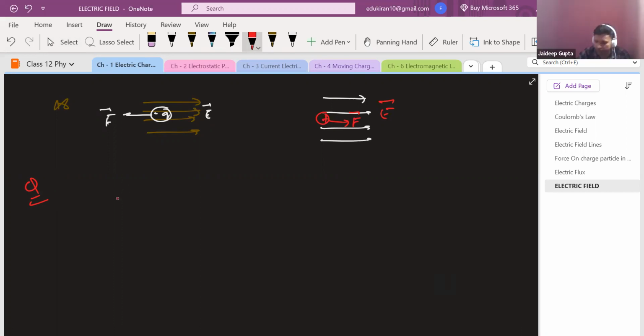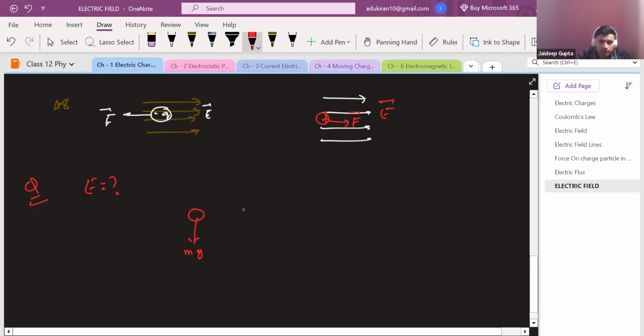Now the question is given. We have to calculate the electric field. There is a water drop having mass 10 to the minus 3 kg.